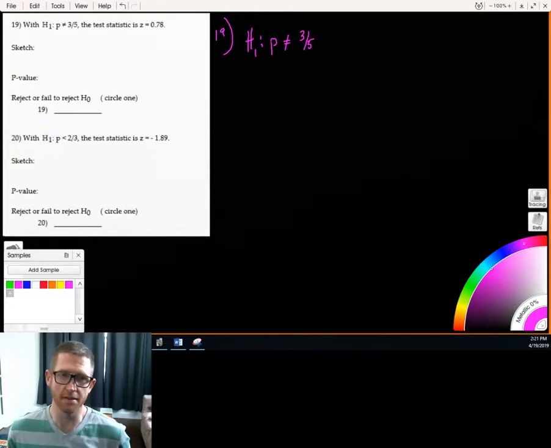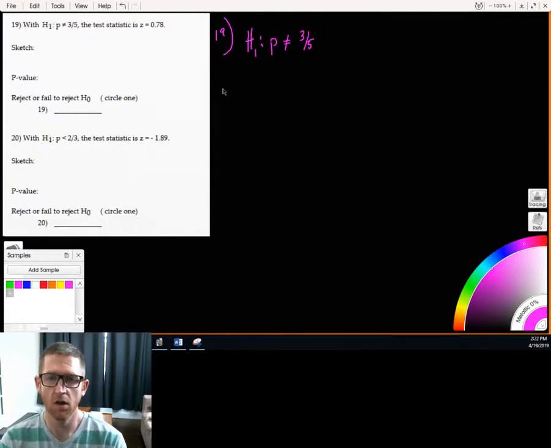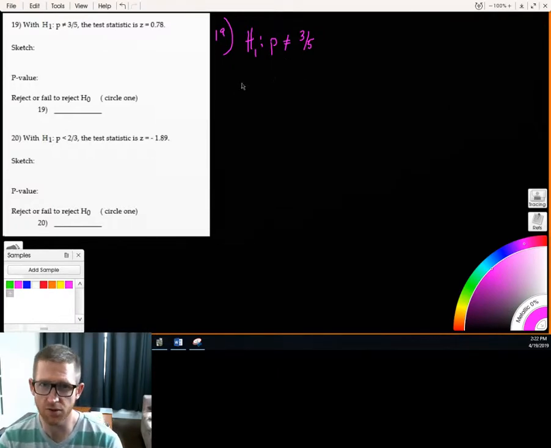Okay, hypothesis testing. We're going to do two examples on hypothesis testing. I don't really give a lot of information, but just work with the basics so we understand what we're dealing with here. You're given that the alternative hypothesis is that the proportion is not equal to 3/5. So if that's true, we would conclude that the null hypothesis is that the proportion is equal to 3/5.